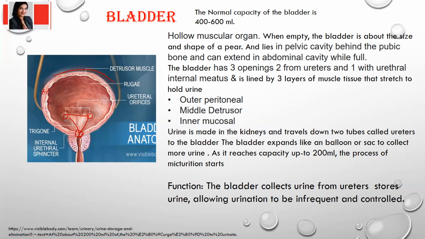And the innermost layer of the bladder: every organ of our body, whatever organ you name, has this kind of three layers: outer peritoneal, middle smooth muscle, and the innermost is a mucosal layer. So the mucosal sheath is present throughout this area. Assume the room where you are sitting right now. In this room, all the color and the paint on the inside is like the mucosal sheath.